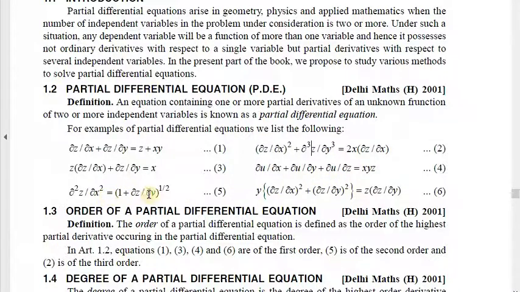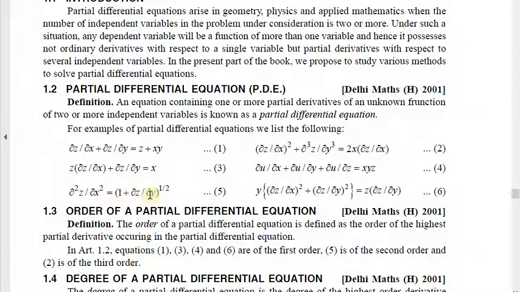Here, you cannot find the degree of this equation directly, because you have to square it first. So you square this differential equation first, and after that you find the degree. You see this is the first order derivative, and the second order derivative is the first order derivative. So first thing is clear, this is a second order differential equation.